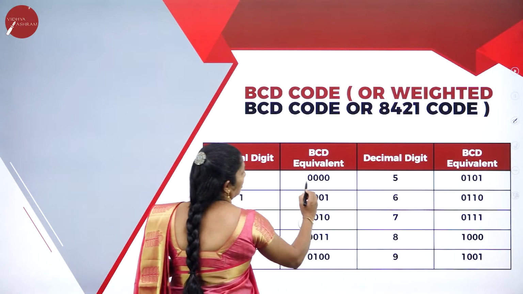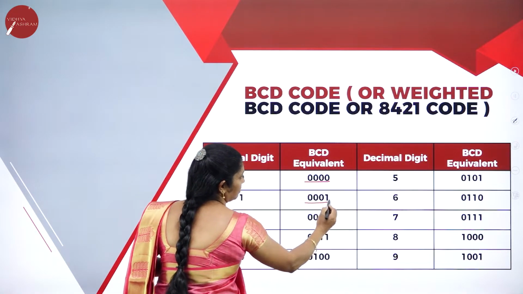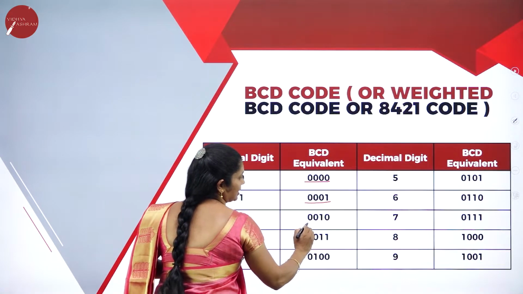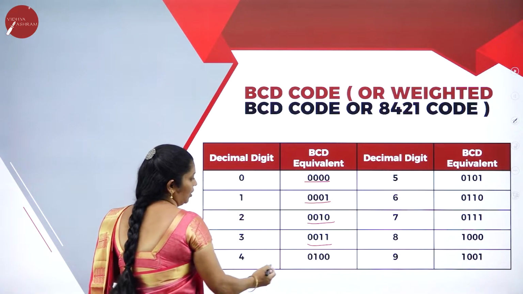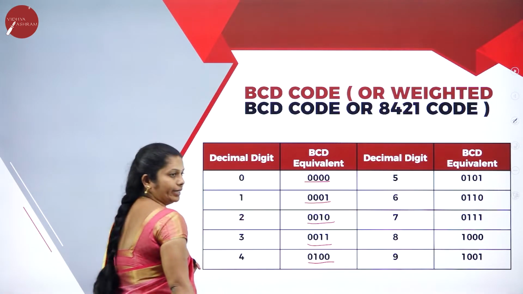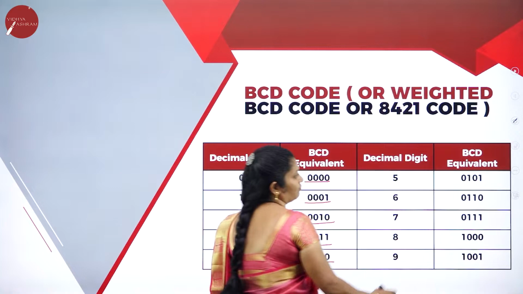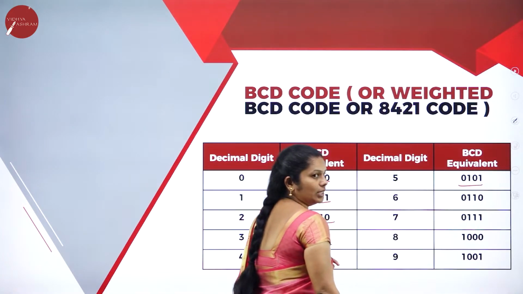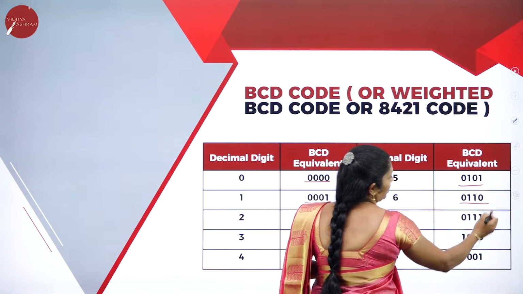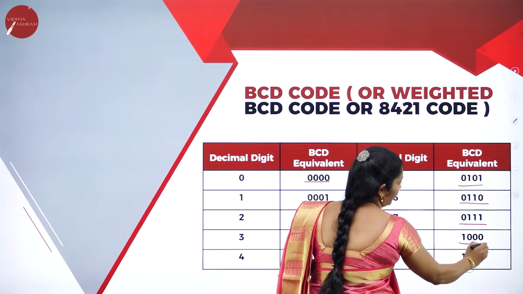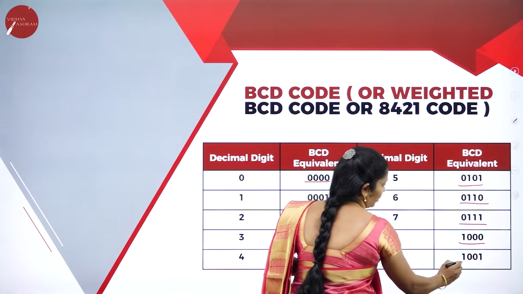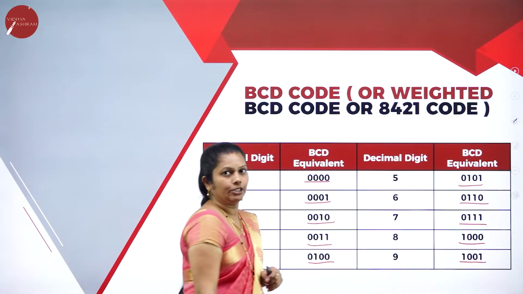0 is represented by 0000, 1 by 0001, 2 by 0010, 3 by 0011, 4 by 0100. In the same way, 5 is 0101, 6 is 0110, 7 is 0111, 8 is 1000, and 9 is 1001.